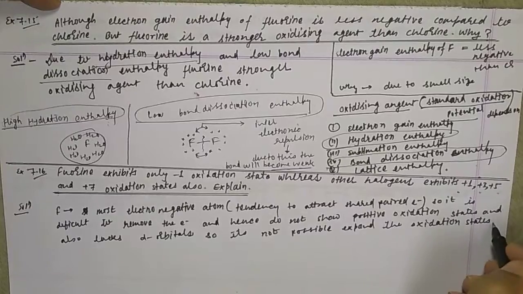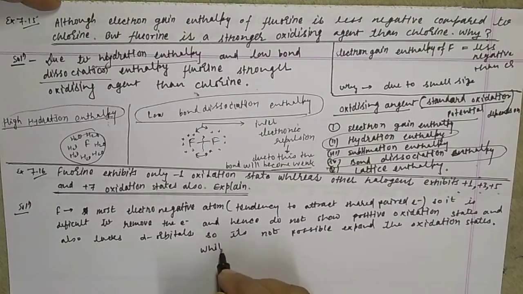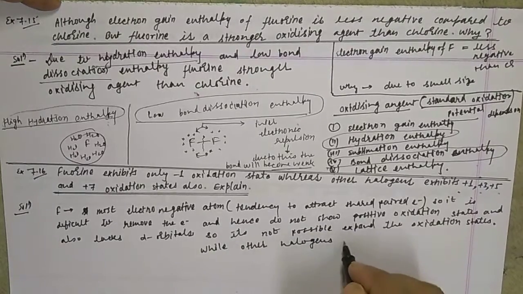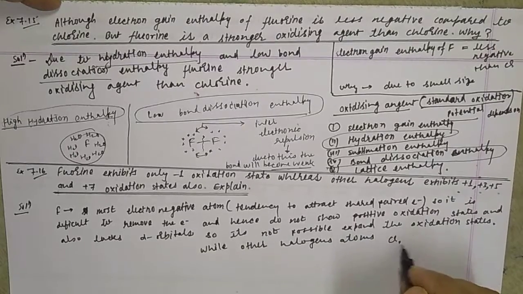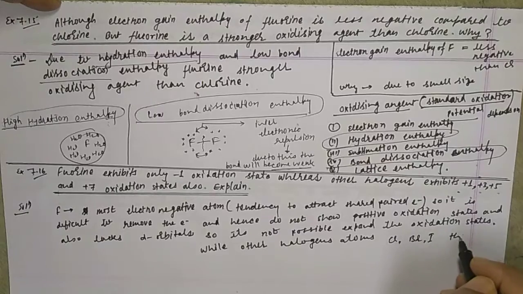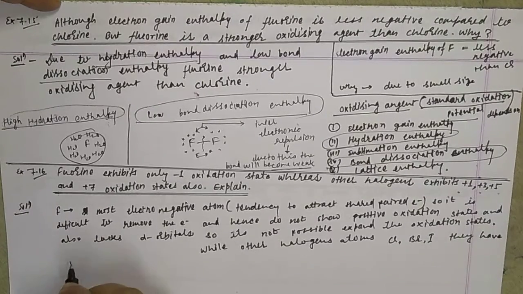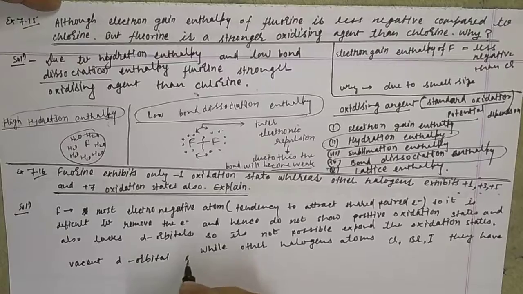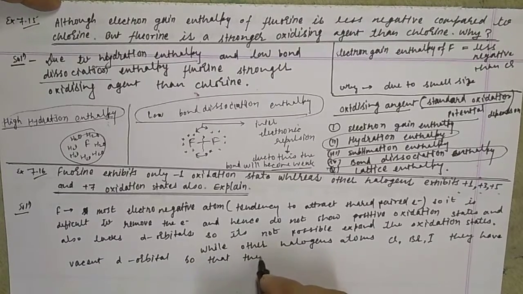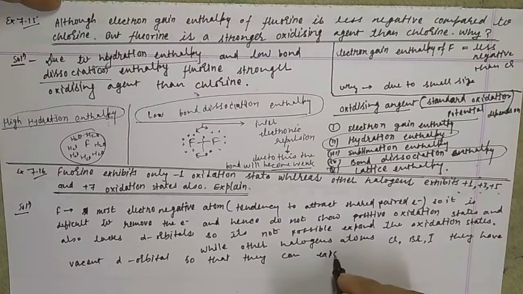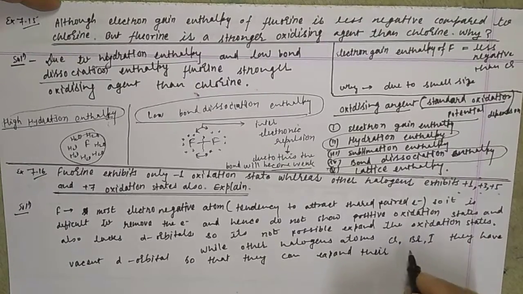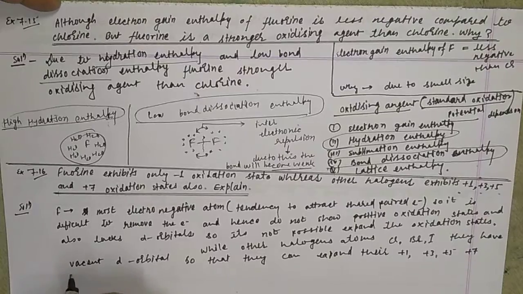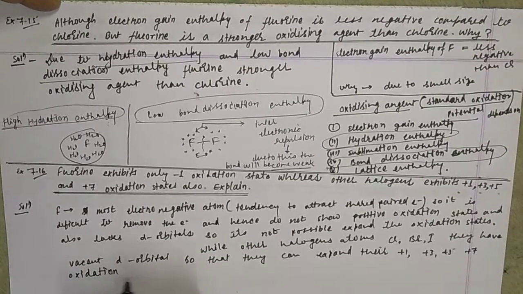Now, the other halogen atoms like Cl, Br and I have vacant d orbitals, so they can expand to +1, +3, +5 and +7 oxidation states.